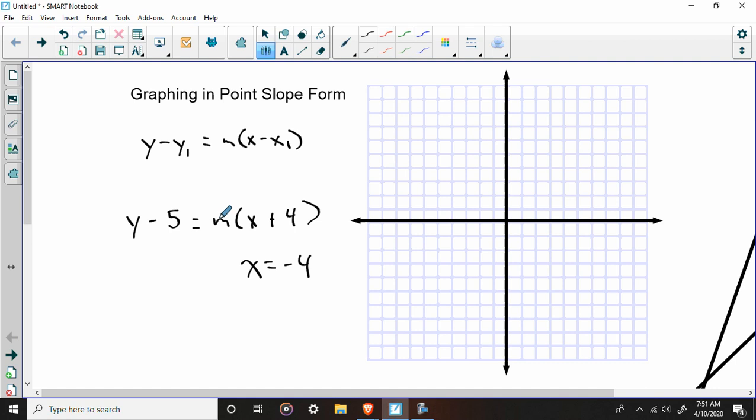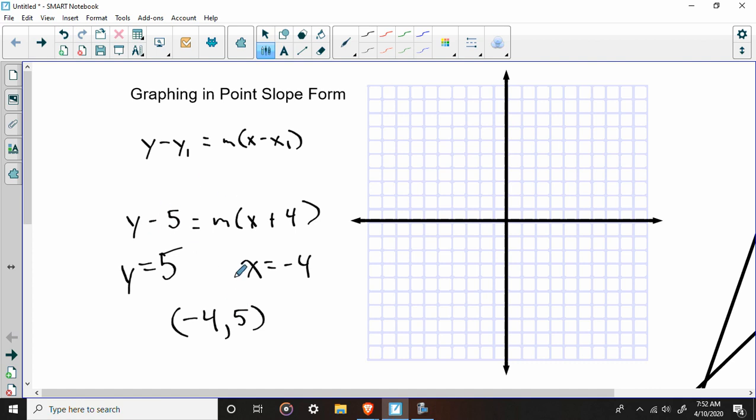It actually doesn't matter what your slope is, because -4 plus 4 is 0, and 0 times your slope would just be 0. On this side, if I want this to be equal to 0, then I need to have 5 here, which is just the reverse of this one right here. 5 minus 5 is 0. This makes this side equal to 0, and this makes this side equal to 0, and that makes our statement true.